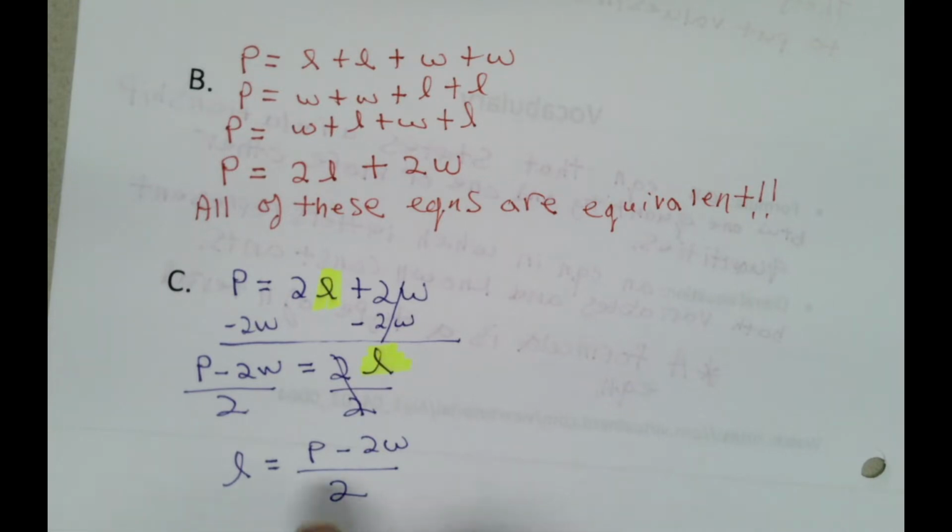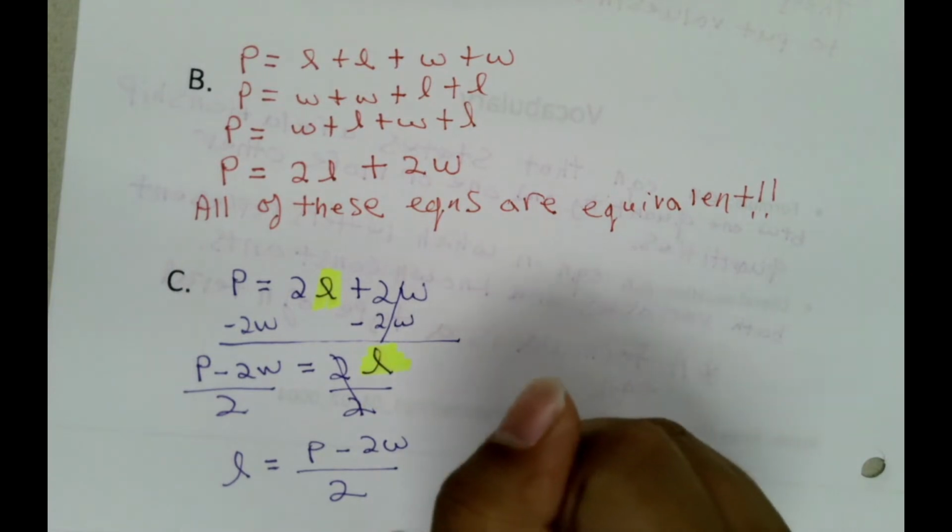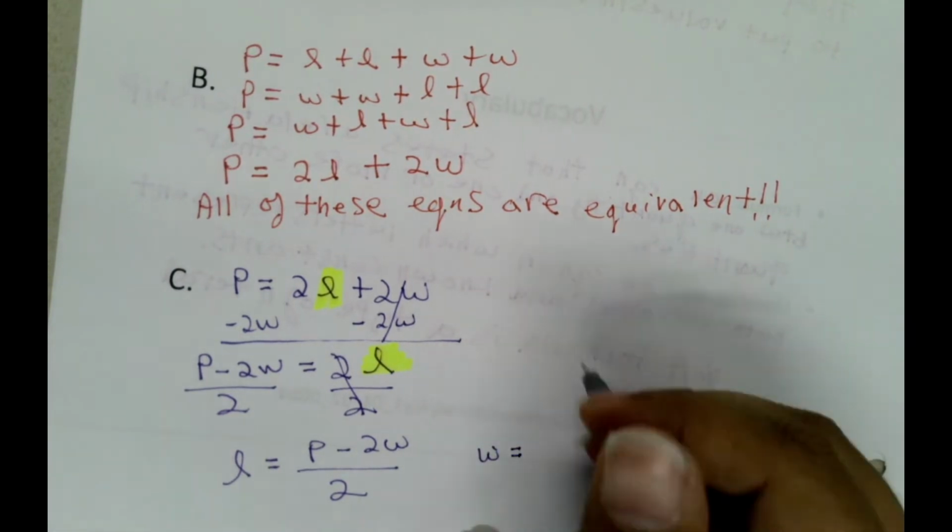So width is equal to P minus 2L all over 2. We solve it the exact same way as we would with the W, or with the L. So these 2 are another way that we can write the perimeter formula. Alrighty, let's keep going.